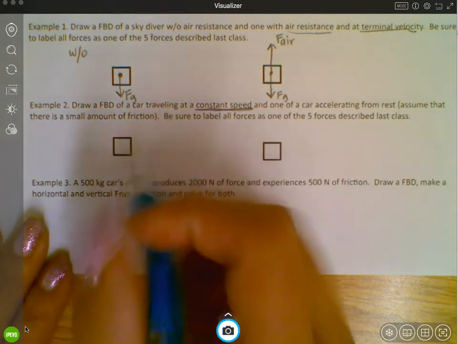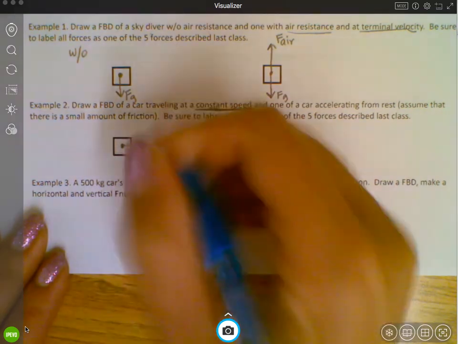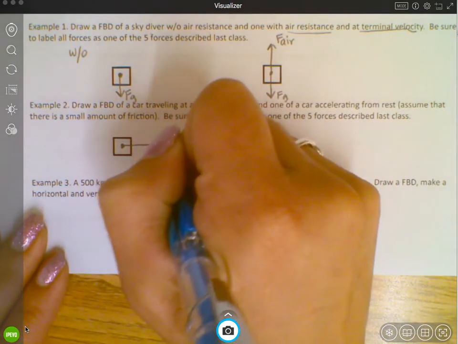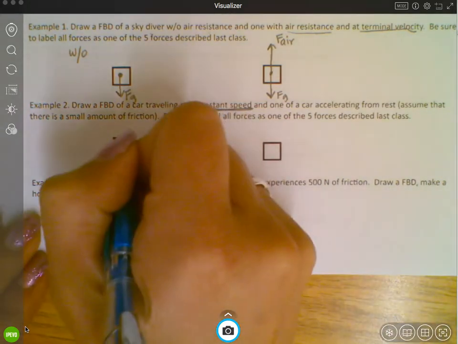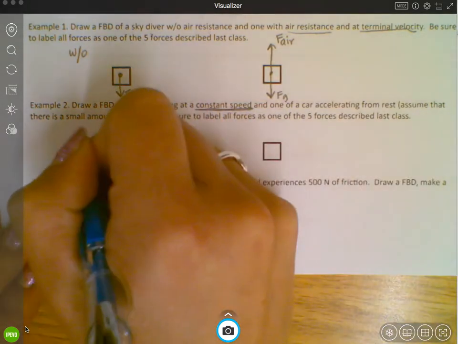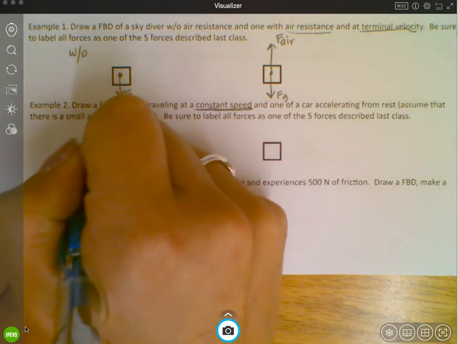For the first one, constant speed, there would be some force pushing it to the right. Let's say that's the engine. Then there would be friction acting backward, and these should be equal length since the car is going at a constant speed. This would be the force of friction.